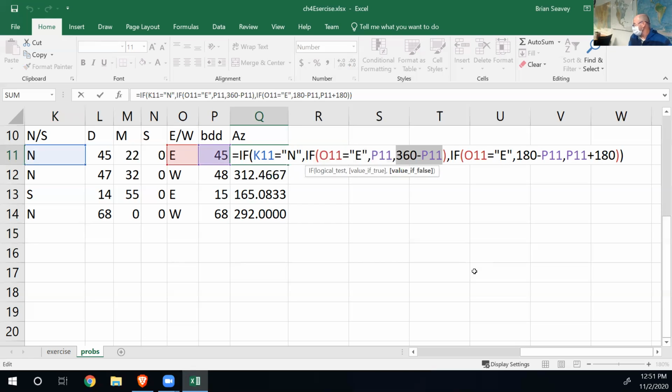So that's 360 minus the bearing angle. That covers northeast and northwest. If it's not north, then it goes into this if statement, doing the same thing, checking for east and applying the two formulas if it's southeast and southwest, respectively.